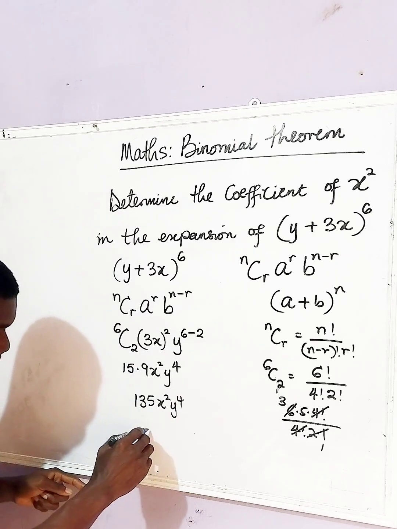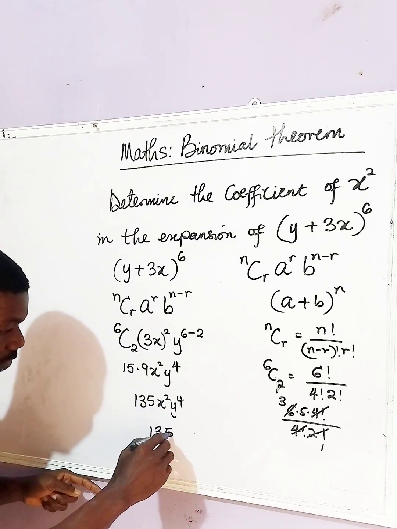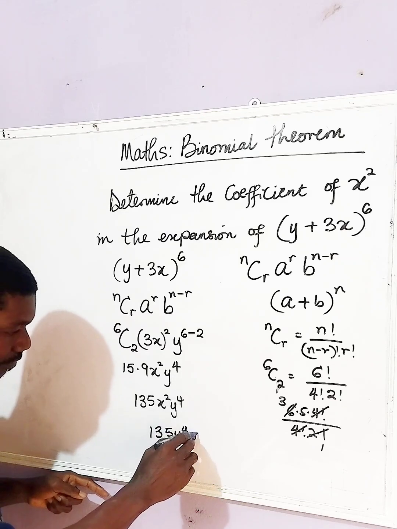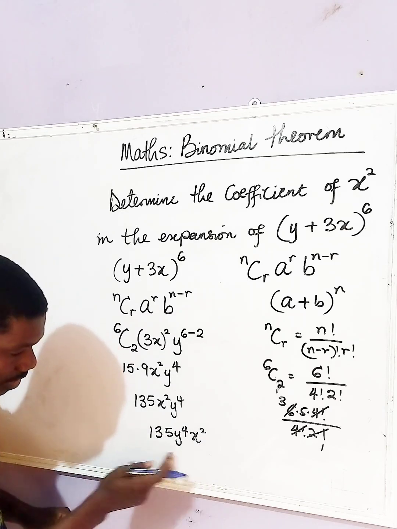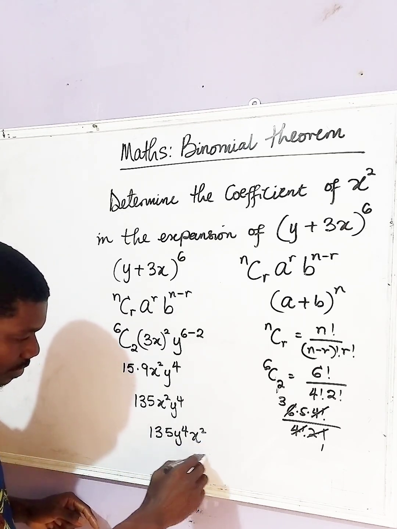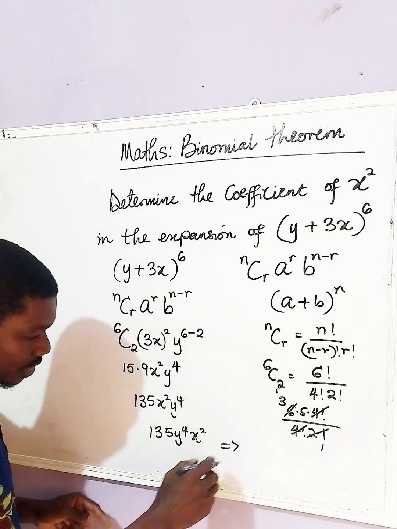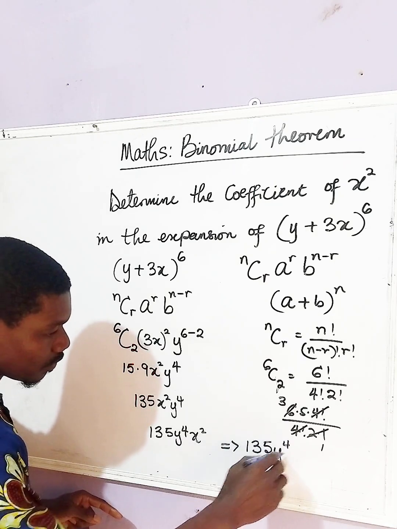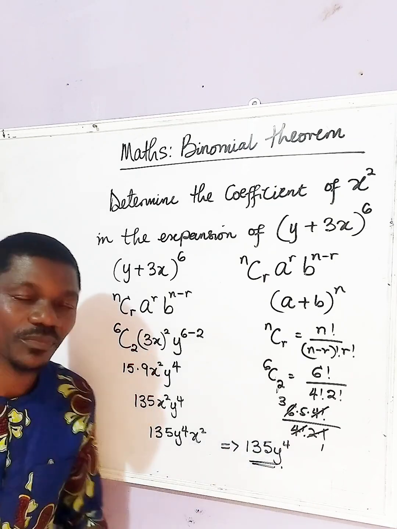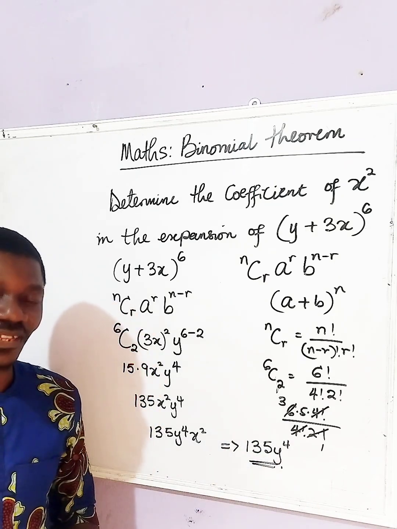So if I'm to rearrange it, the coefficient of x squared will be equal to 135 y raised to the power of 4. Thank you and God bless you.